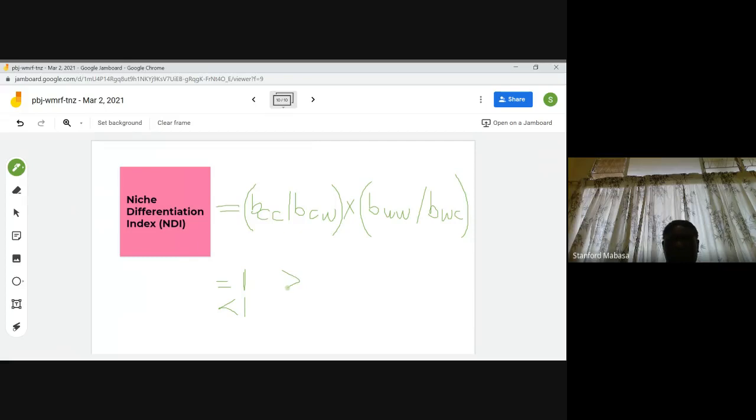And if it is above 1, it means these plants are actually not interfering with each other within the system. But if it is less than 1, it means there could be serious competition.